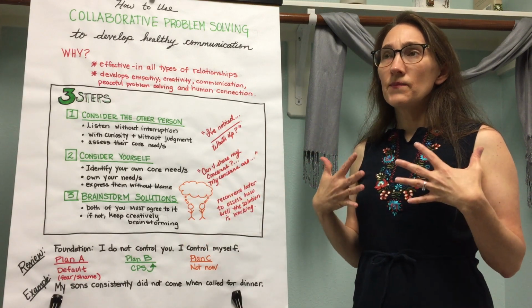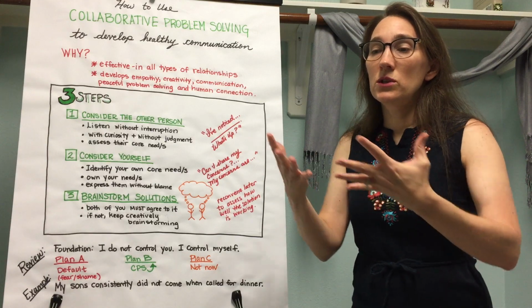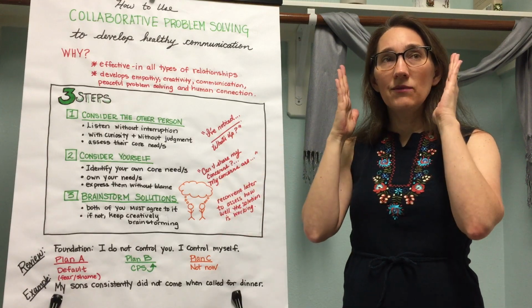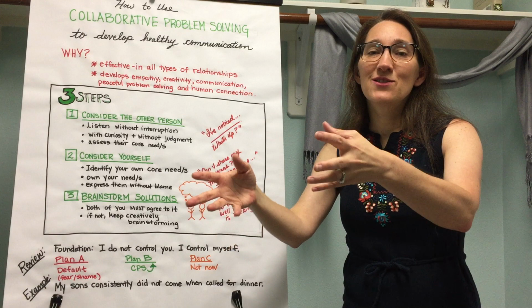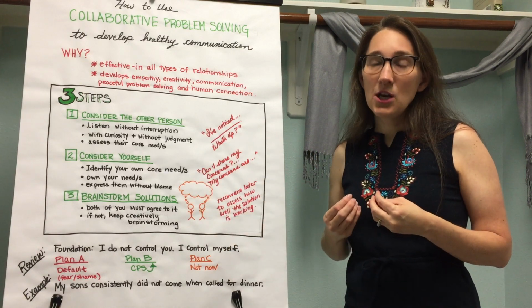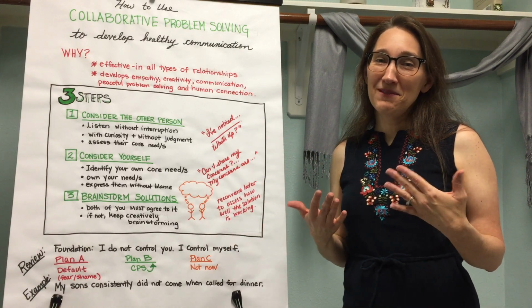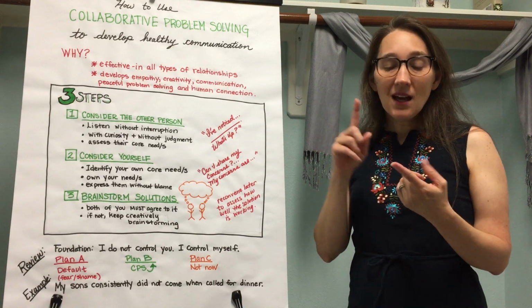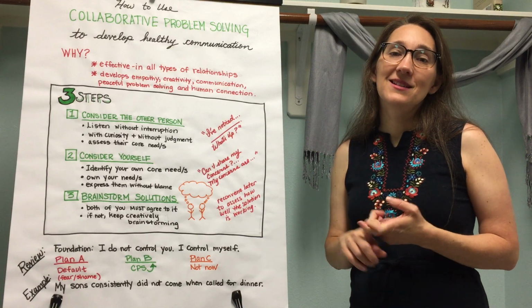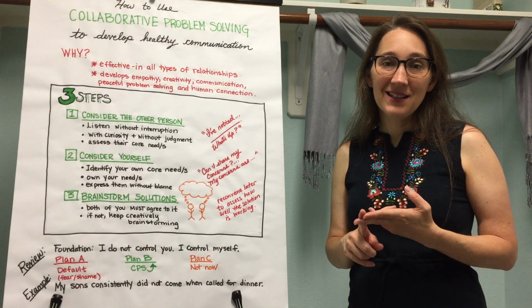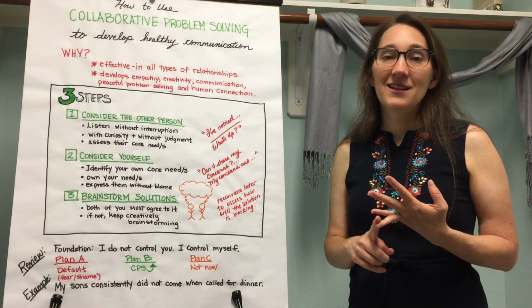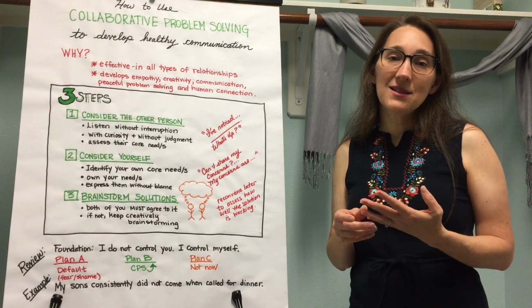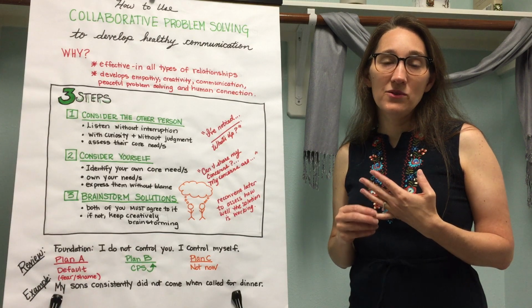But there's still this desire to control the other person and this belief that the other person is responsible for my happiness. So I have a mantra that I repeat every morning: I am responsible for my happiness. You are responsible for your happiness. I set you free to make your own choices, and I set myself free to make my own choices.